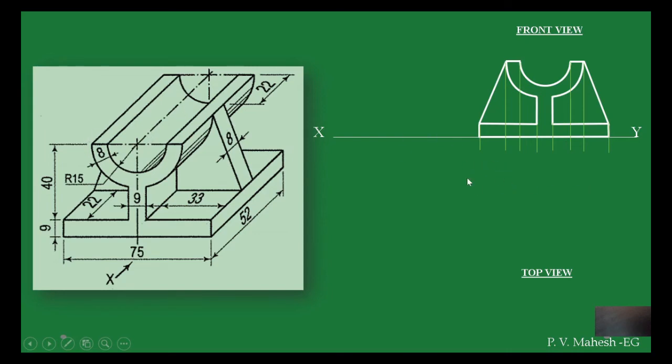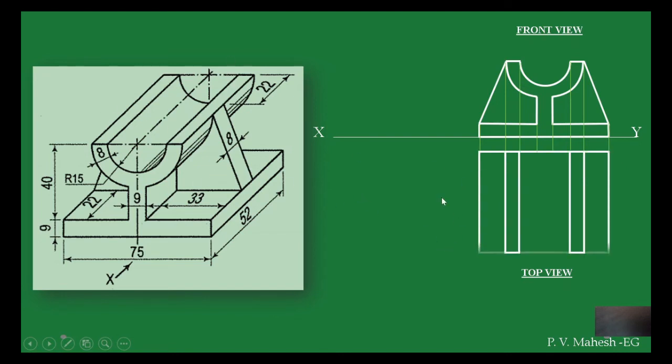When I am drawing the top view, what I will see: one rectangle will be there, this one rectangle will be there, and this edge will be visible and this edge will be visible. Like this, you will see these two rectangles are visible and then the outer rectangle is visible, and one edge passing through these two corners will be a hidden line.